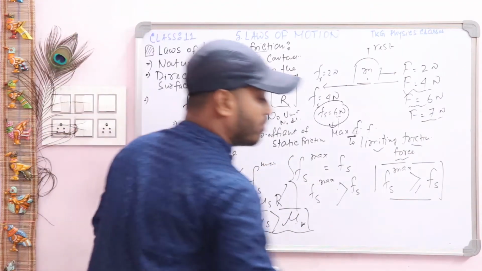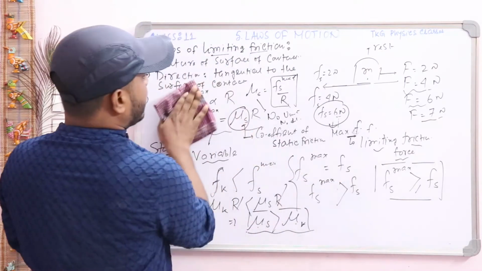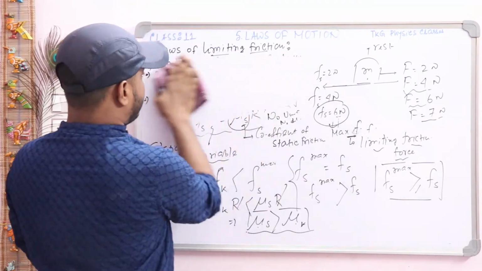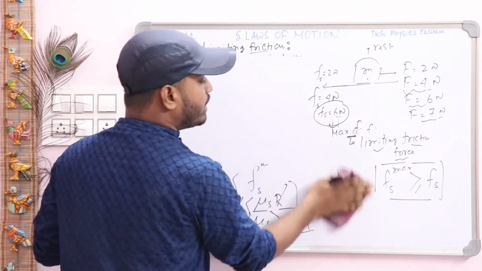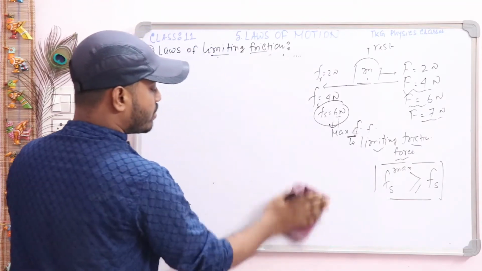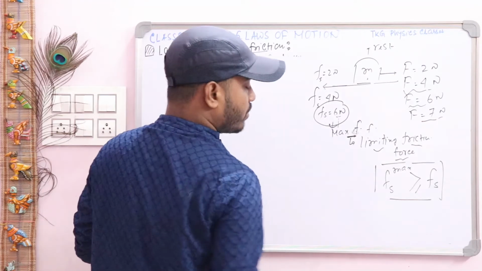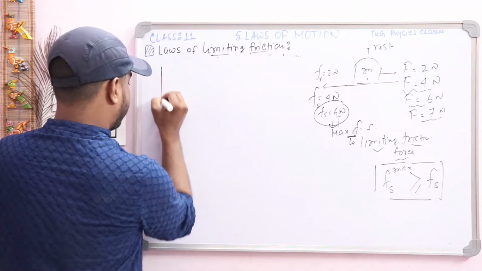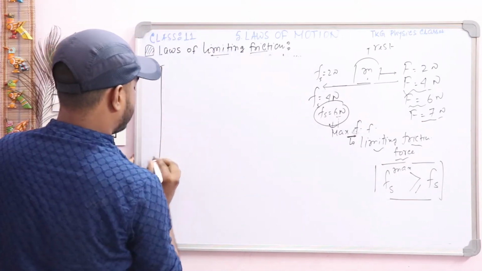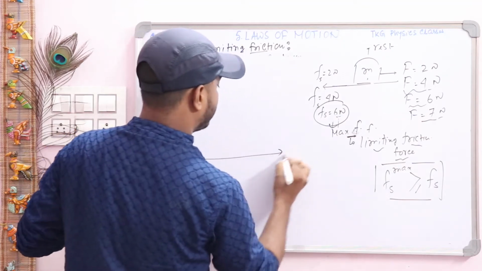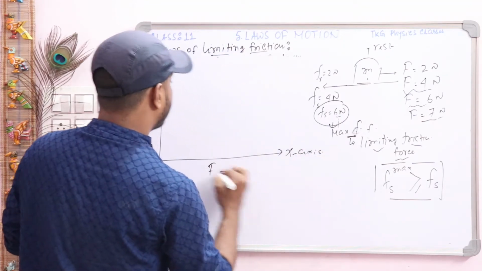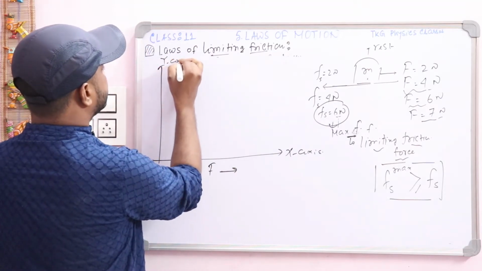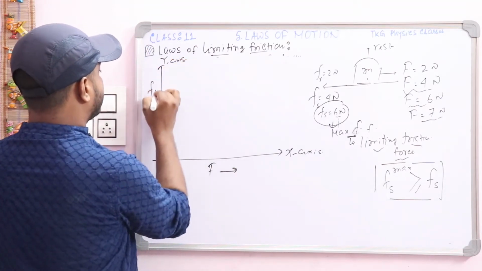Now, most important: if we draw a graph of applied force versus frictional force, what will be the nature? This is very important, students, so draw this one. The x-axis represents applied force, and the y-axis represents frictional force.